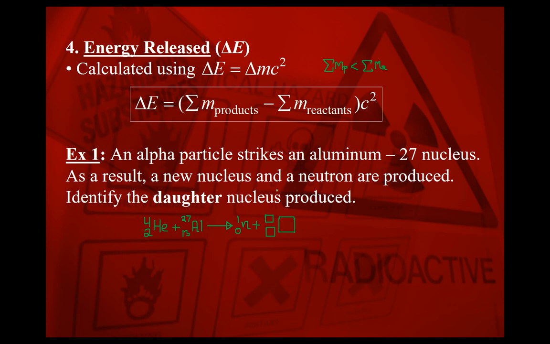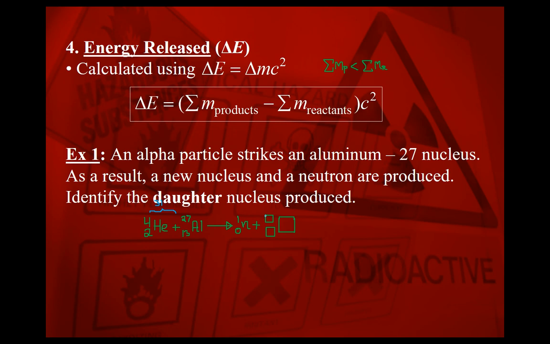Okay, so let's try to balance the top numbers first. Again, the sum of the numbers on the top on each side has to be the same. So 4 plus 27 is 31. This side of the equation also has to add up to 31. So 1 plus 30 would then be 31.